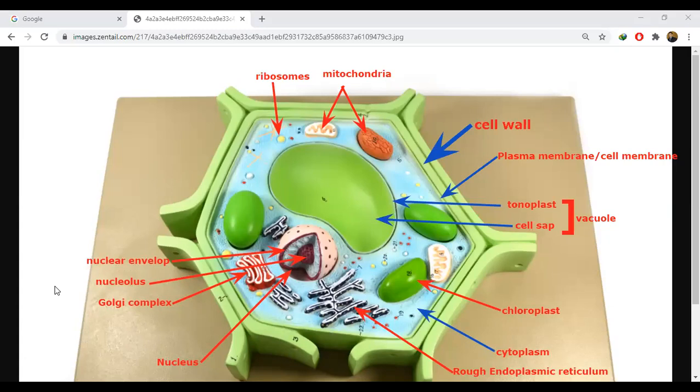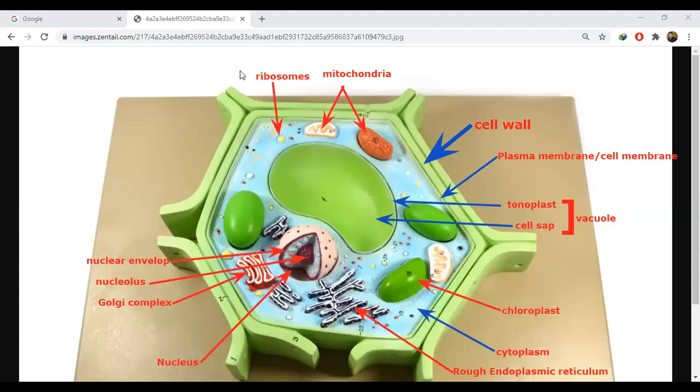Right. Only one thing. The structures located in the cytoplasm are called organelles.